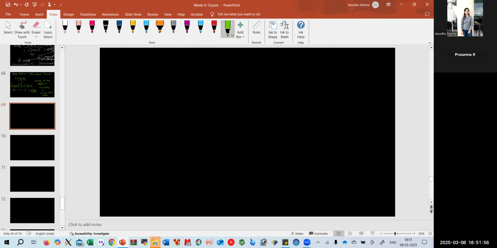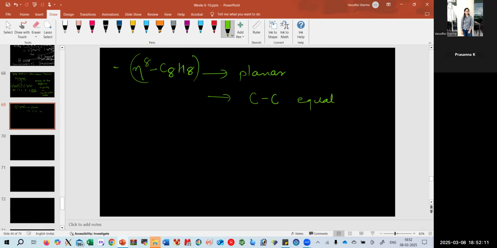So another property: in the eta 8 C8H8 system, we know that it is planar. Planar meaning all the C-C bond lengths would be equal, and in a planar system, it comes in a range of 140 or 141 picometer. In eta 4 C8H8, this is a puckered system. It's not planar anymore.